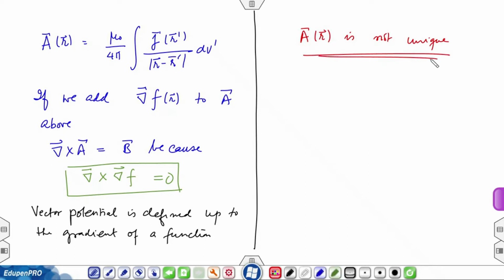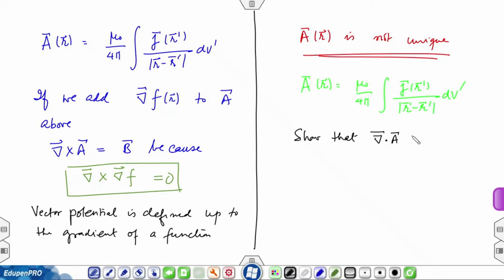For this particular definition that I gave you, where A of r is equal to mu naught over 4 pi integration J r prime over |r minus r prime| dV prime, I would like you to show that the divergence of A given by this expression is 0.